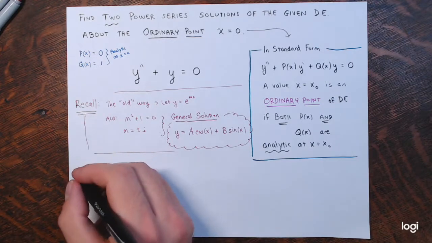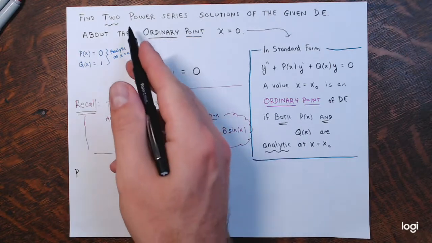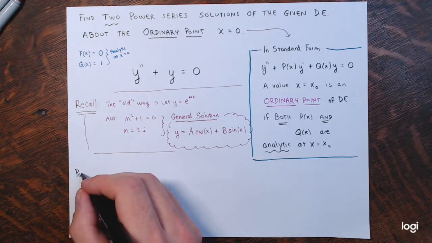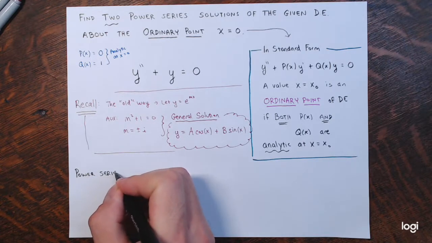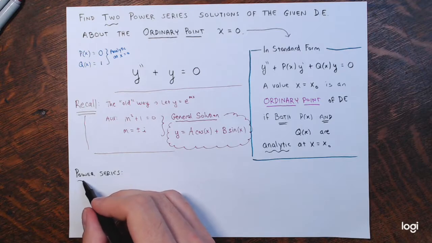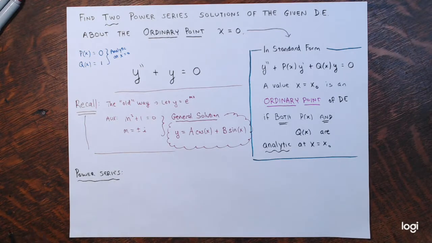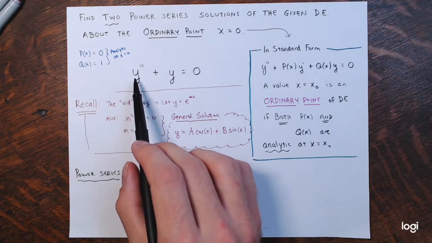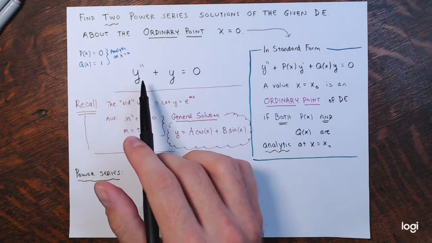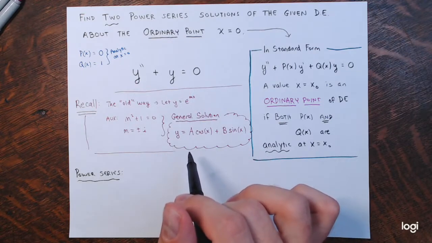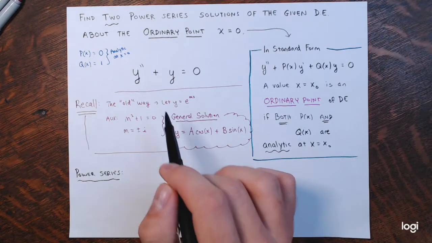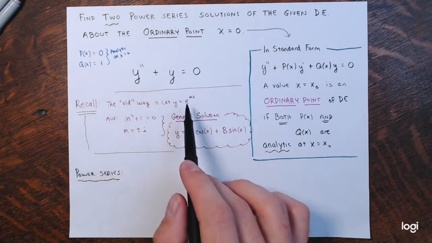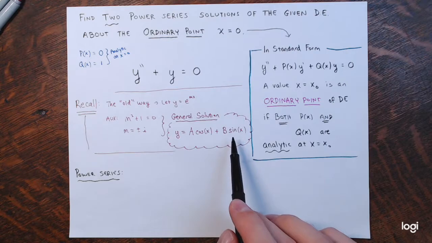So now let's get to trying to find power series solutions to this. This method of finding power series solutions is useful, especially when you have an equation that you don't know how to solve in some other way. That's actually going to be my second example. This first example, we could solve the older way that we saw here.